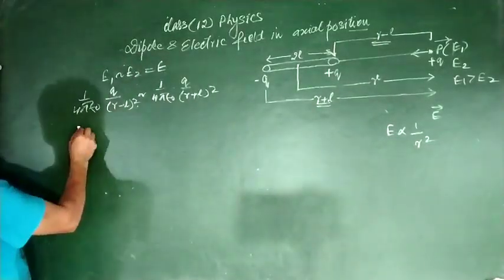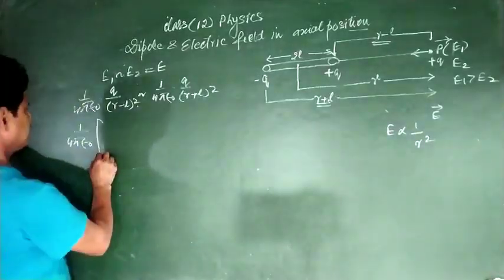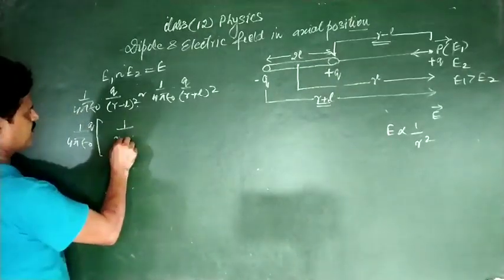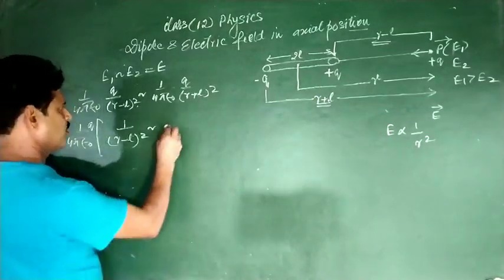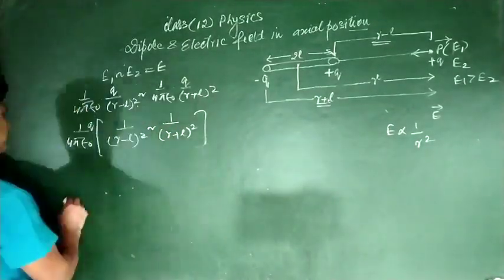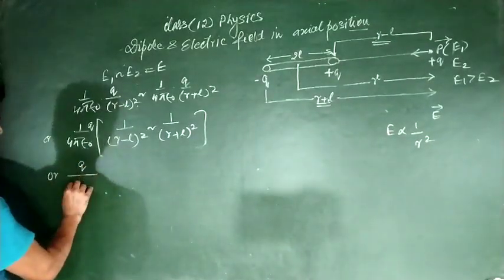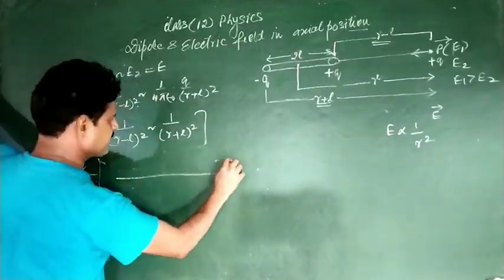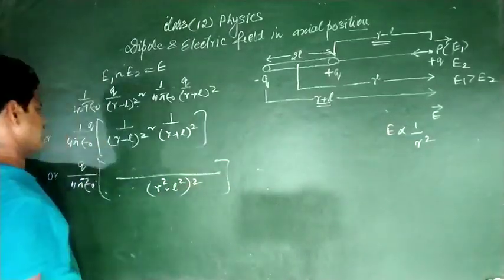On taking common 1 upon 4 pi epsilon 0 and q outside the bracket, we get 1 upon (r minus L) whole square minus 1 upon (r plus L) whole square, which is q divided by 4 pi epsilon 0, with the LCM being (r square minus L square) whole square.